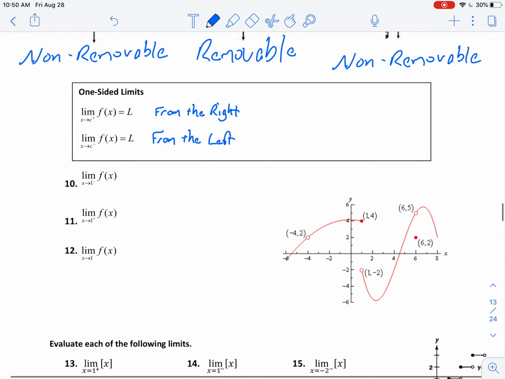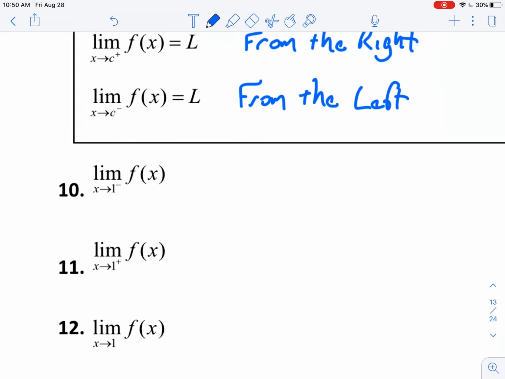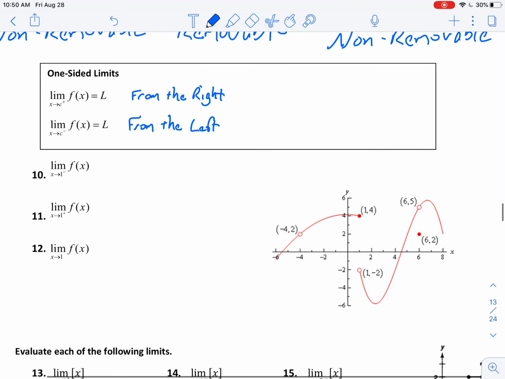So if I look down here at numbers 10, 11, and 12. Number 10, the limit as x approaches 1 from the left. So if I'm looking over here, here's x equals 1. If I'm going along this graph from the left of 1, what number am I approaching? Well, it looks like the y value of 4.